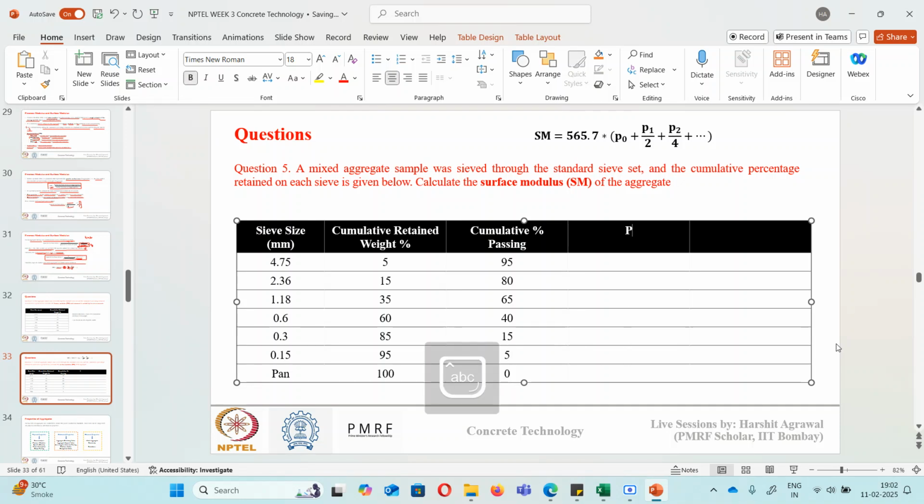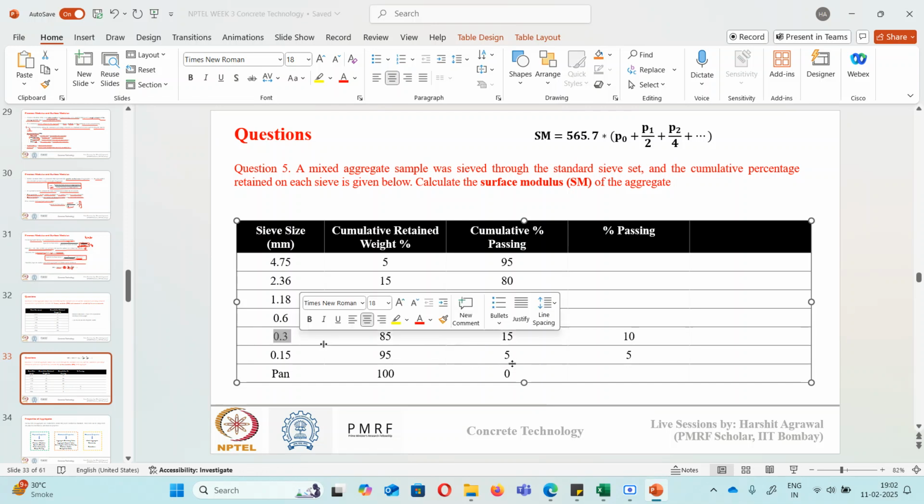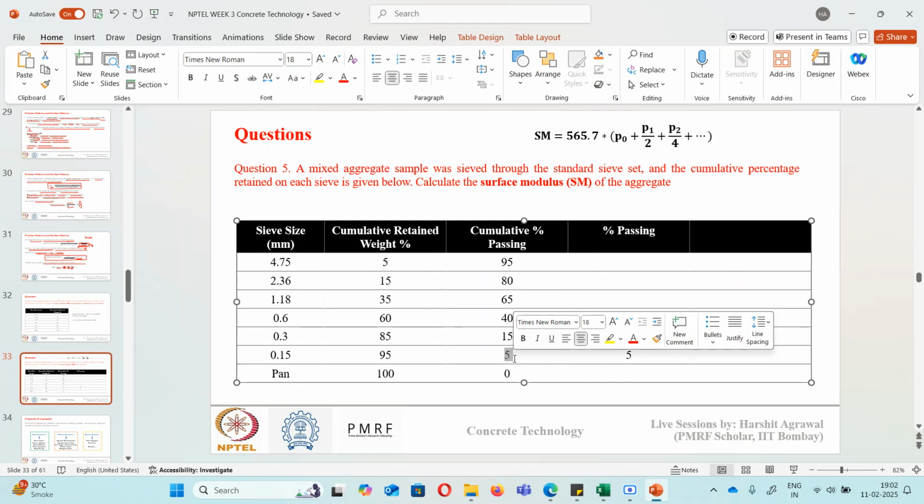And what will be percentage passing? Here I have 0, here I have 5. In between this range it will be 15 minus 5, so that will be 10. So 15% aggregate was passing through the 0.3 mm sieve, and 5 was passing through the 0.15 mm sieve. So how much is passing through the 0.3 mm sieve and in between 0.15, that will be 10%.